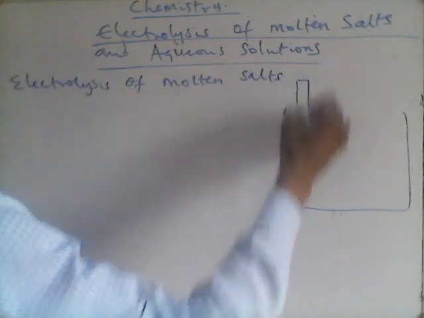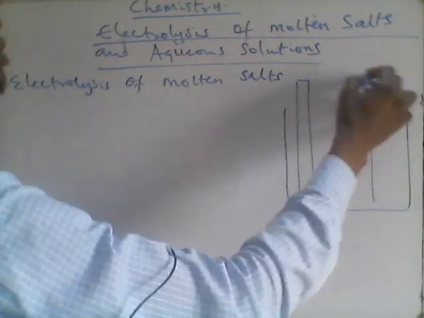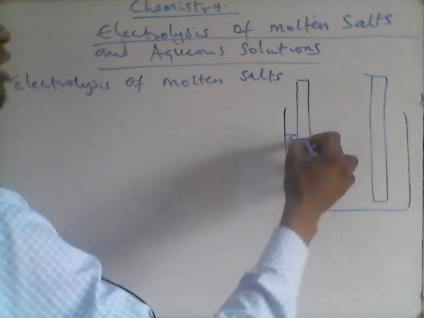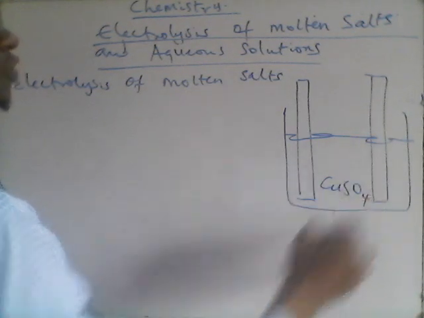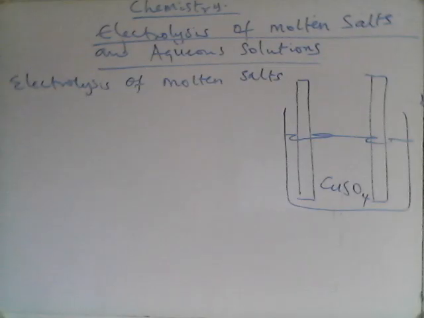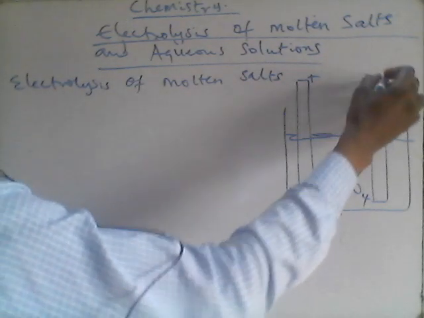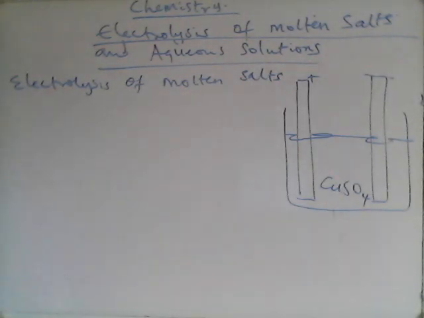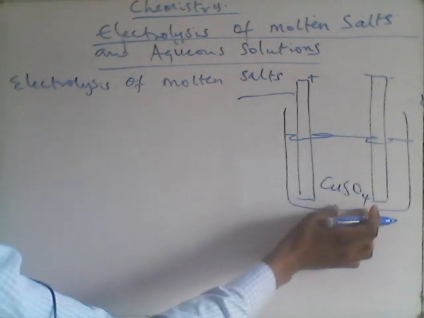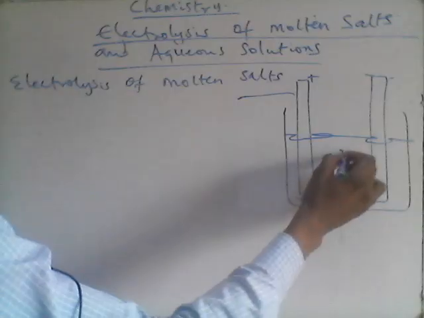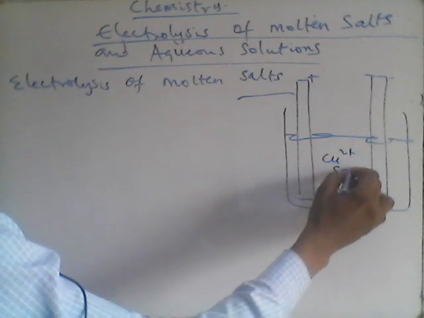This is the anode again, and the cathode, and the solution here is copper sulfate, right? The anode is positive and the cathode is negative. Once electricity is passed, it is broken into two ions, so I have the copper ion and the sulfate.